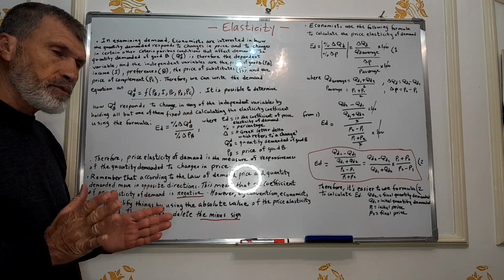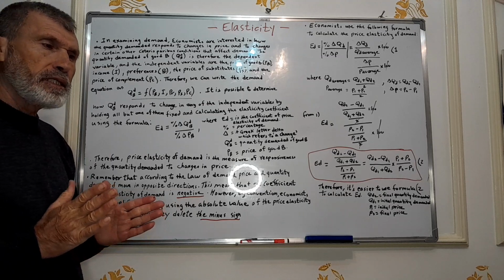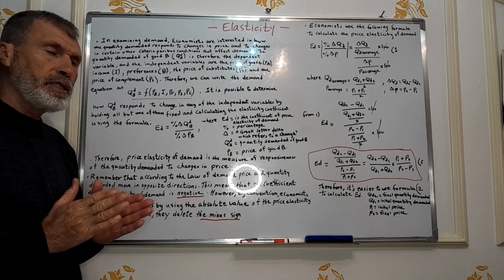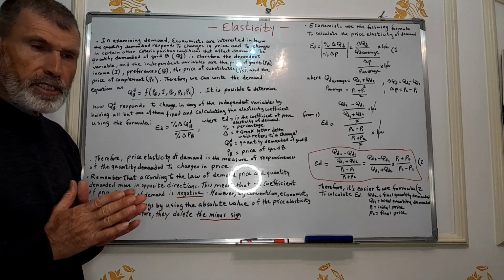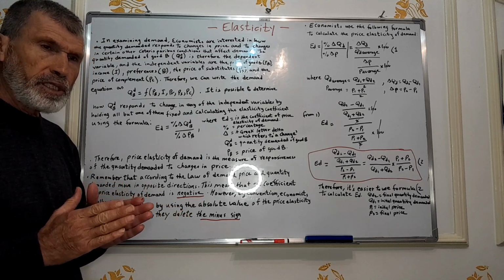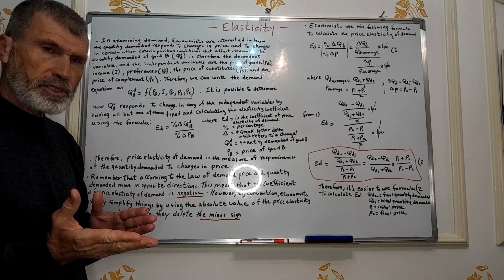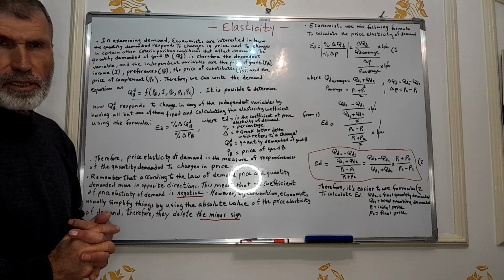Price of a substitute and price of a complement are called prices of related goods and services. Basically, what we mean here is the price of substitute goods and the price of complement goods.